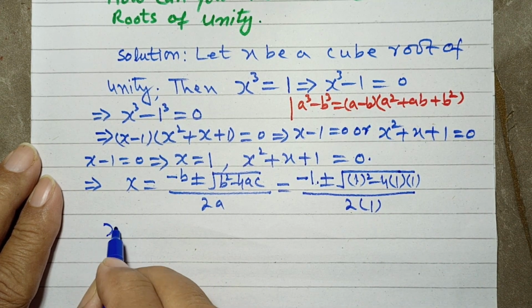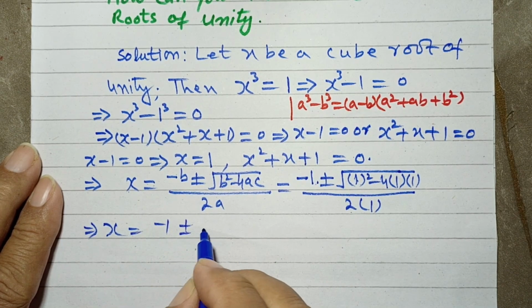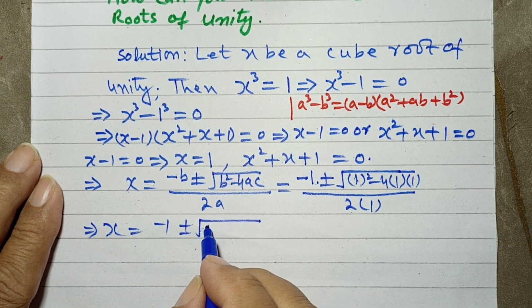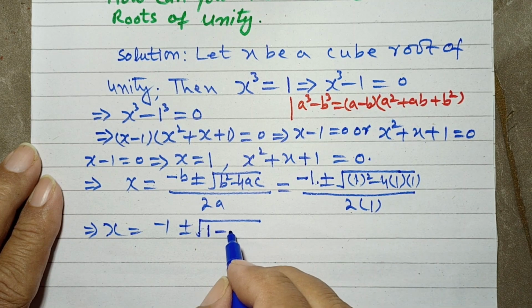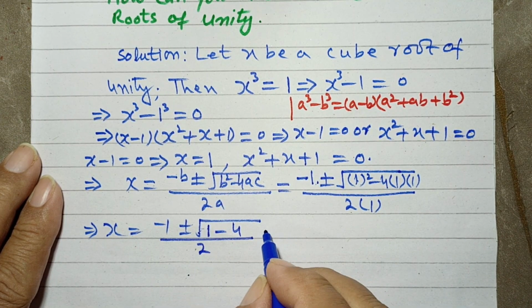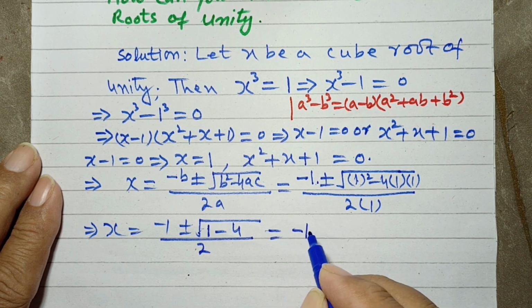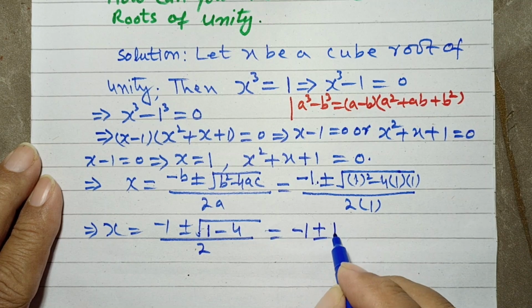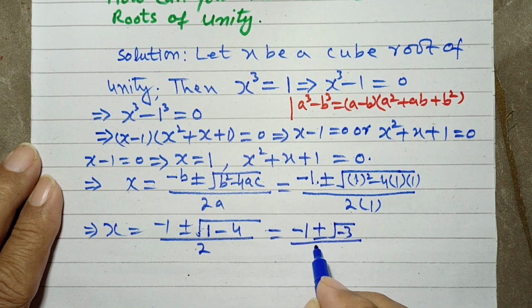This implies x is equal to minus 1 plus minus square root of 1 square, which is 1, minus 4 into 1 into 1, over 2. This is equal to minus 1 plus minus square root of minus 3 over 2.